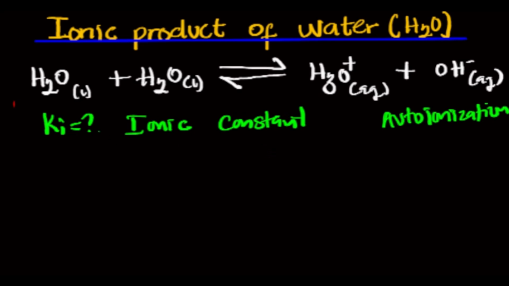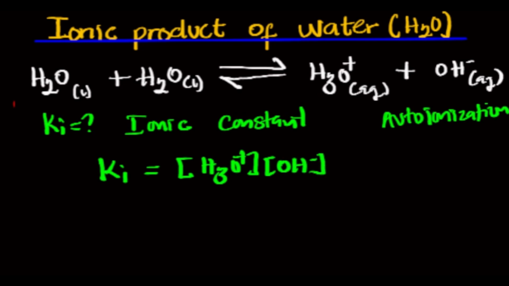So we have Ki. Now, in order for us to get this Ki, using the equilibrium law, Ki, the ionic constant, is going to be equal to the concentration of the products, which is H3O plus, multiplied by hydroxide ion, OH minus, all divided by the concentration of the water molecules.